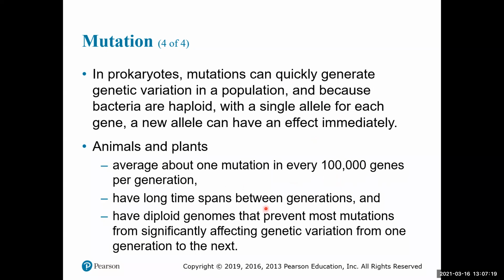And so those long time spans between generations and also having diploid genomes prevent a lot of those mutations from affecting variation and actually showing up in the population. That's why Darwin, he didn't know this detail, but he knew that because of long generation times, he most likely wouldn't be able to see evolution happen and observe it.